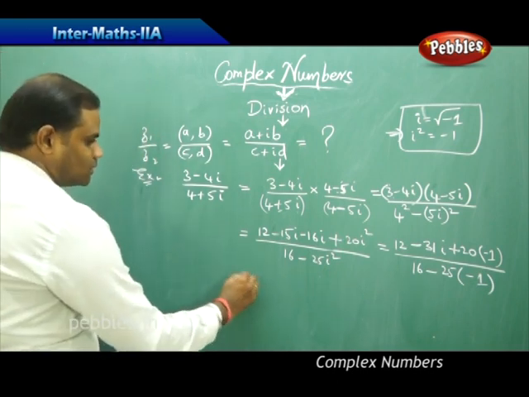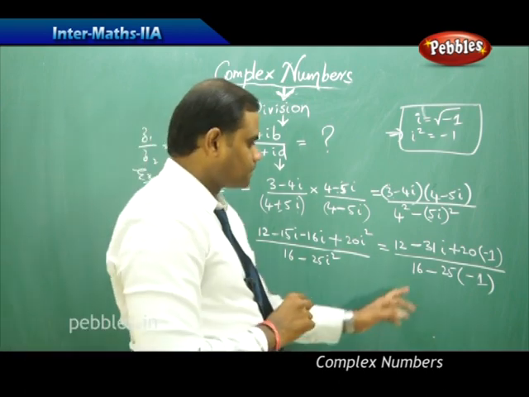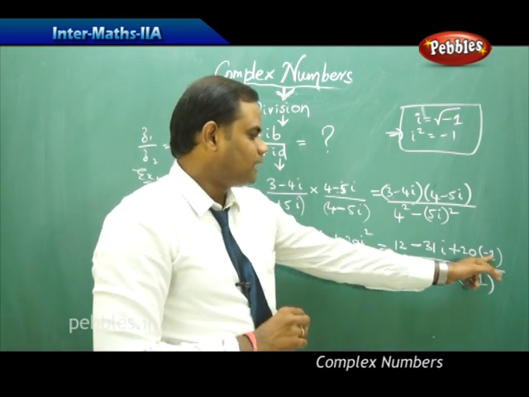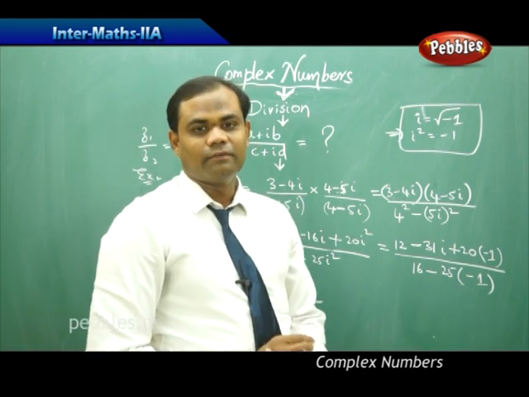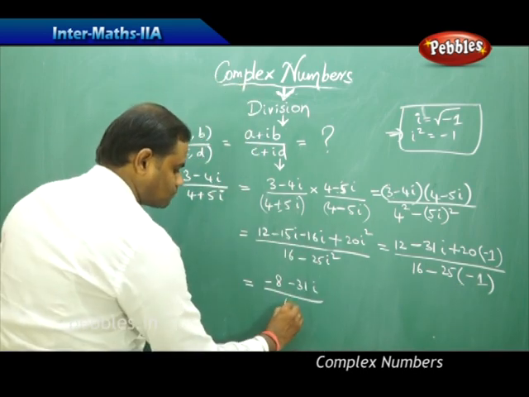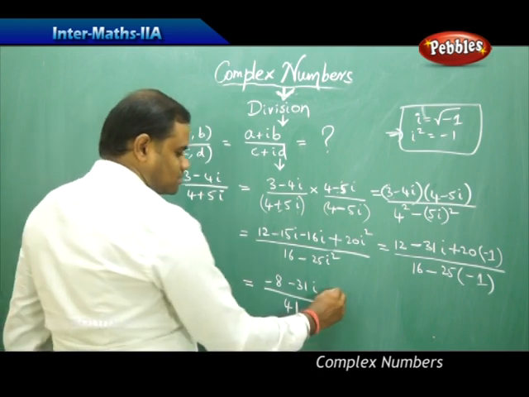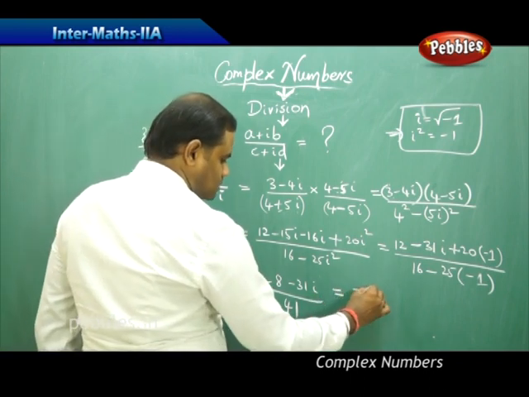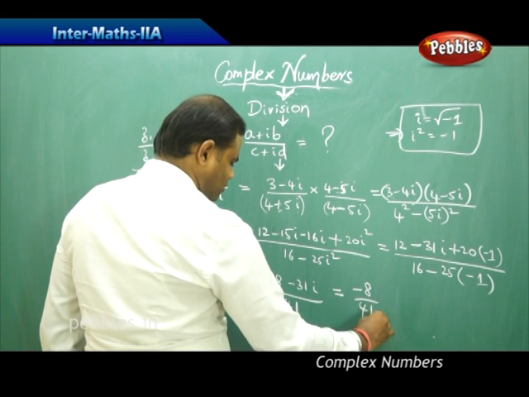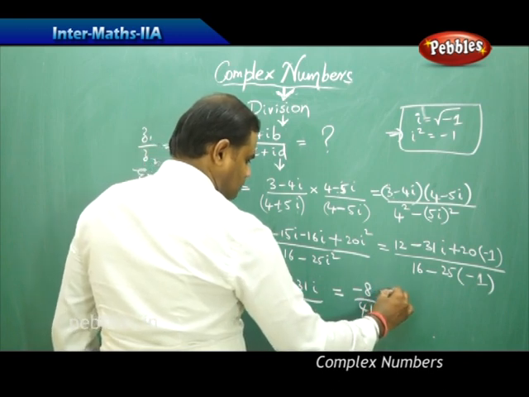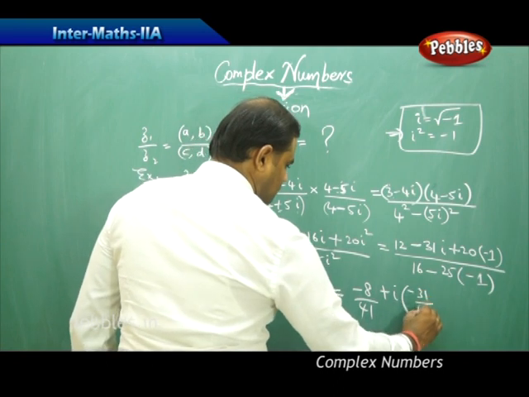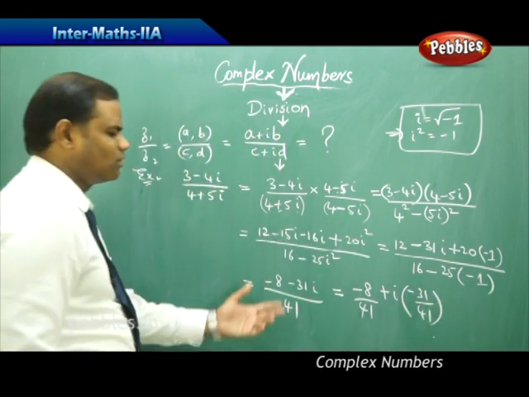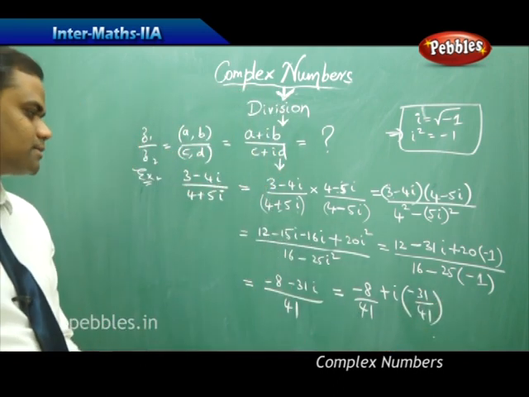On further simplification, this gives me 12 minus 20 in the numerator, and in the denominator it is 16 plus 25, which is 41. When written in split form, this is minus 8 by 41 plus i times minus 31 by 41.